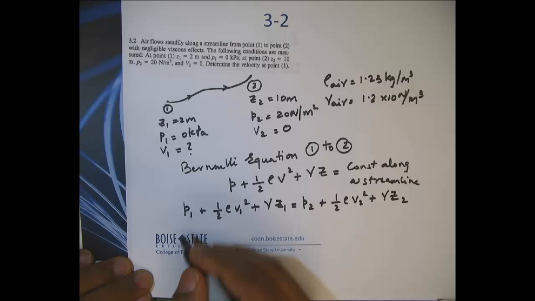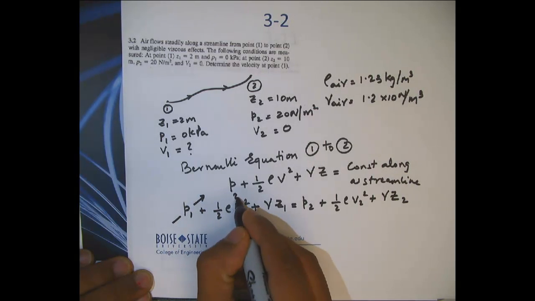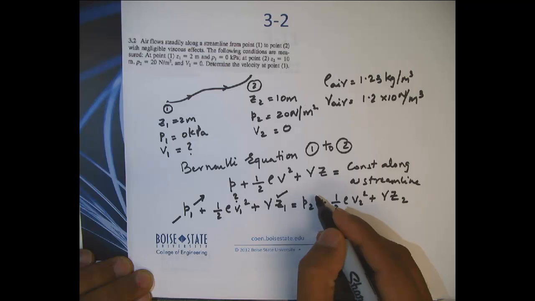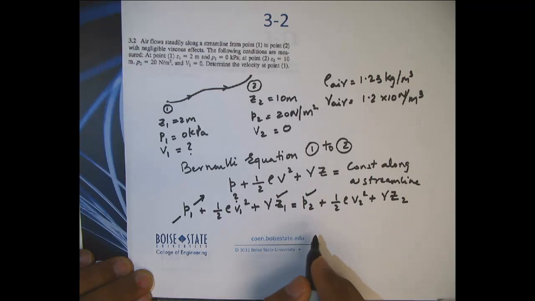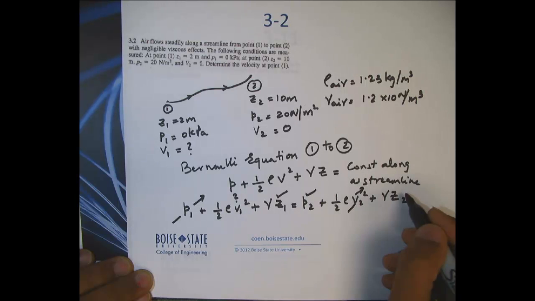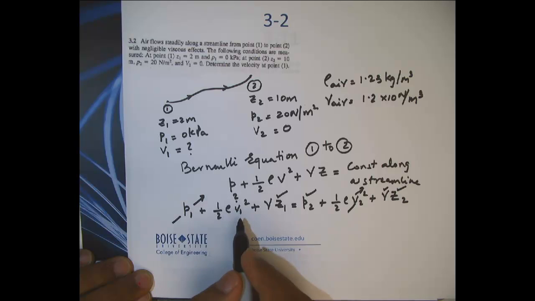Okay, so P1 is 0. We're after V1. We know gamma, we know Z1, so this is known. We know P2. We know V2 and it's 0, so we can neglect that. And we know Z2 and gamma. So we have one equation, one unknown, which is V1.